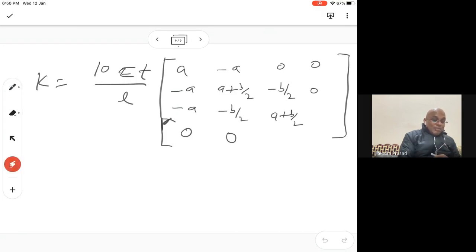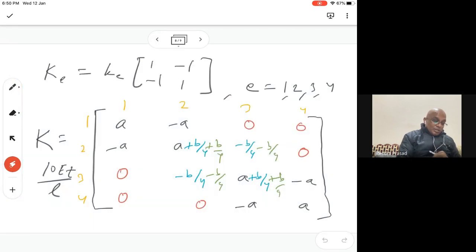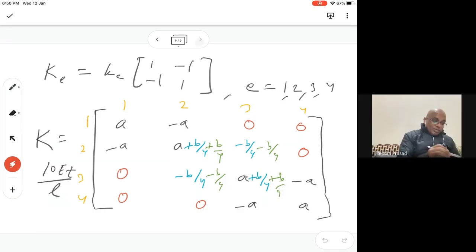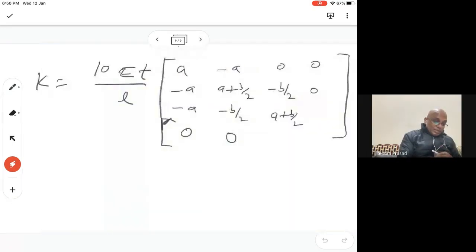You can also find out from here, since you know this and this, all of them should be 0, so you will know automatically what the value should be. So A is matching, right? And here this and this matching, so something is wrong. I think the first one, this will be 0, right?